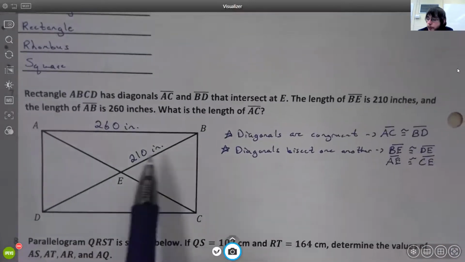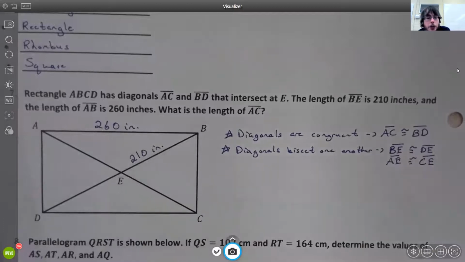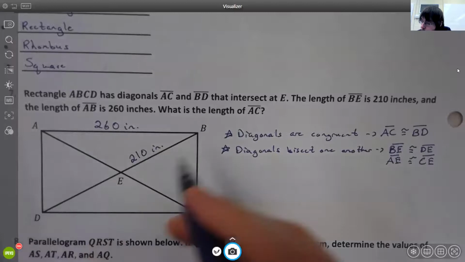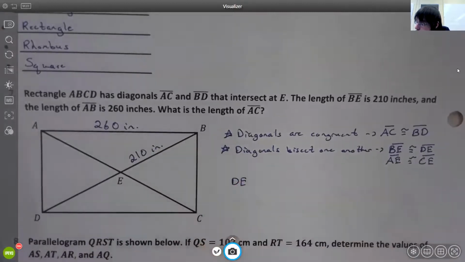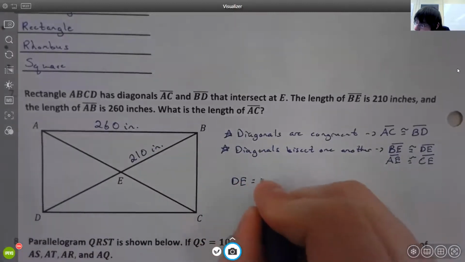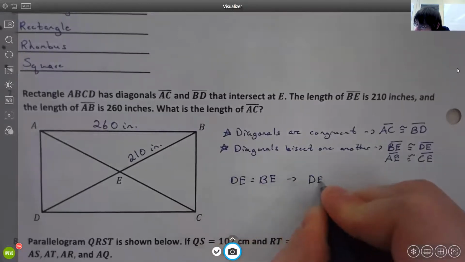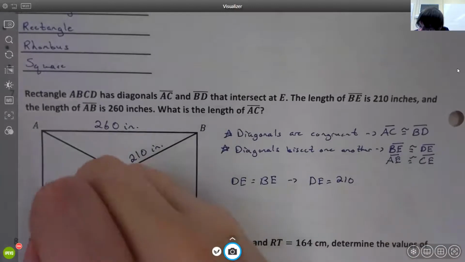So if the parts of the diagonal are congruent to one another, we can actually figure out what DE is. So since DE is congruent to BE, we know that DE is the same as BE, which means that DE is also 210 inches.